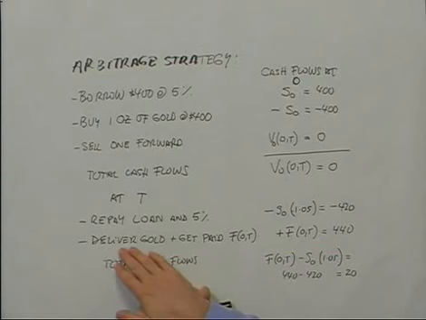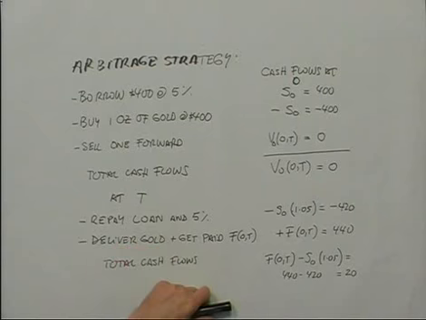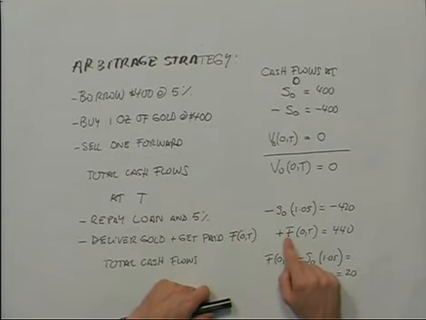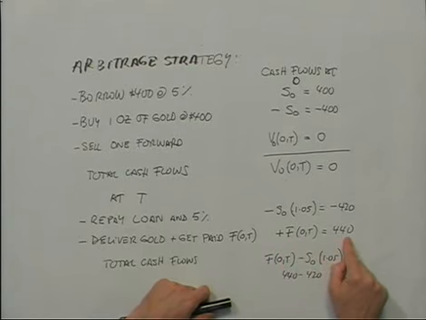And since we have sold one forward contract, what we do is we deliver the gold that we had and get paid for it. What price? The forward price. And the forward price was $440. So we get a cash flow equal to the forward price of $440.